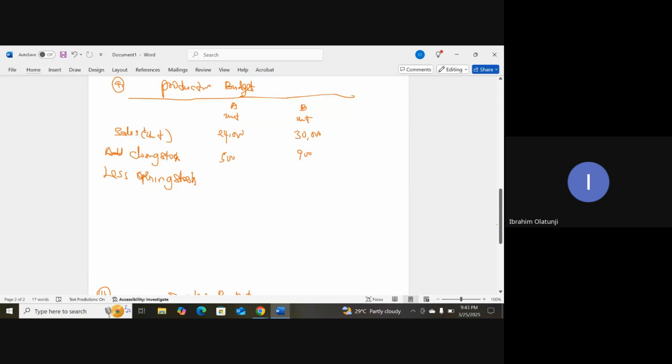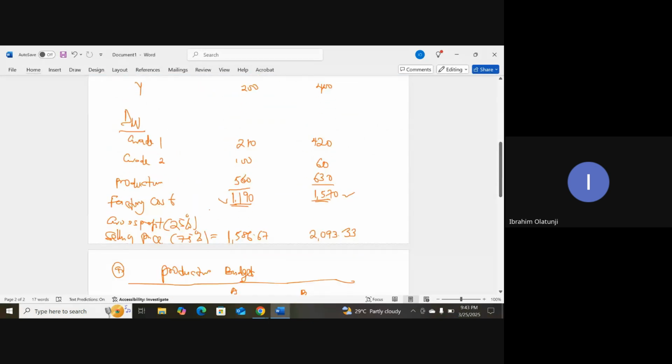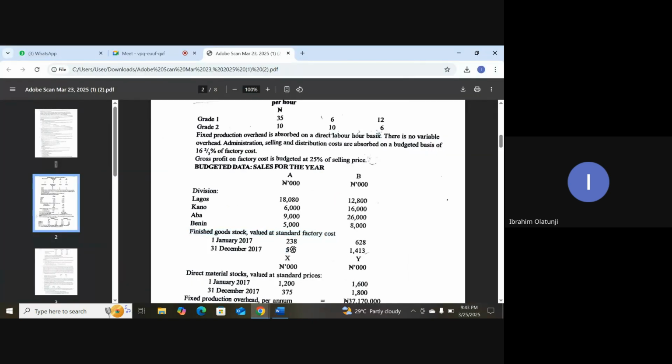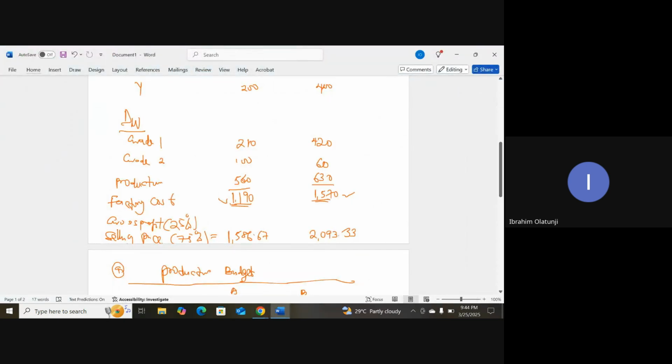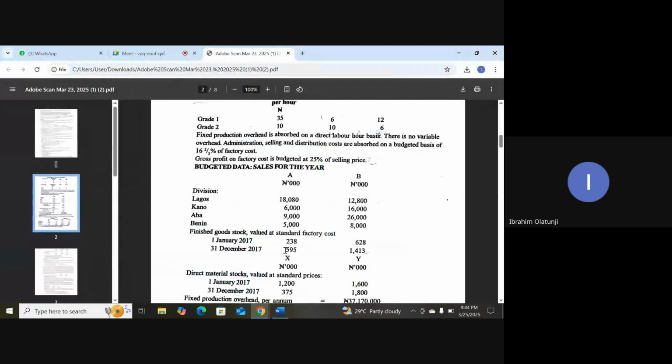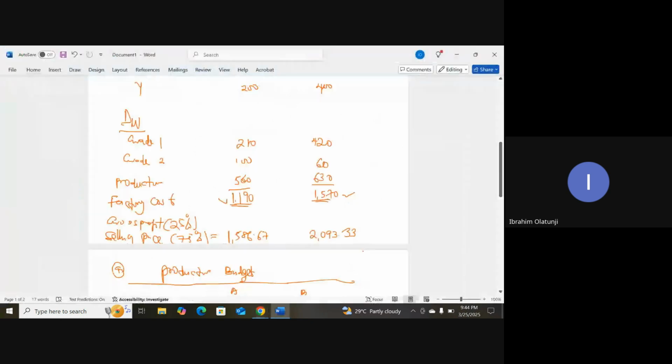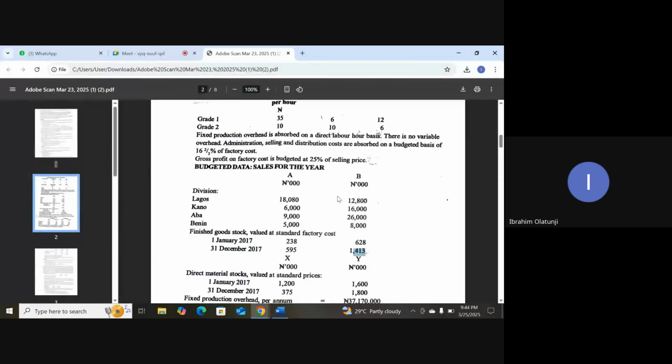You've already calculated your factory cost here, 1,190 per one. Obviously they use this amount to multiply some units to get this. How will you get the number of units? It means 595,000 divided by this for A. If you want to calculate for B, it will be 1,413,000 divided by this as well. Is it clear?